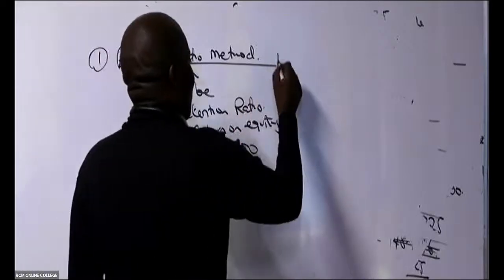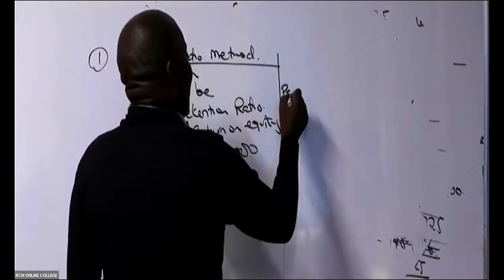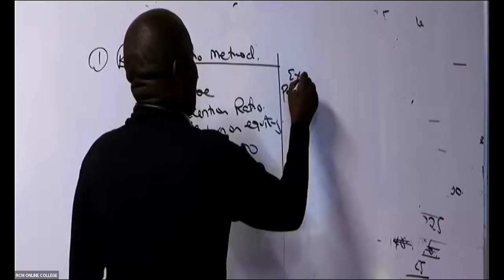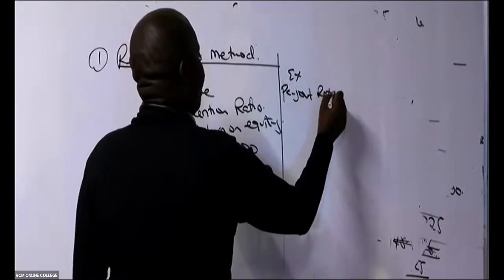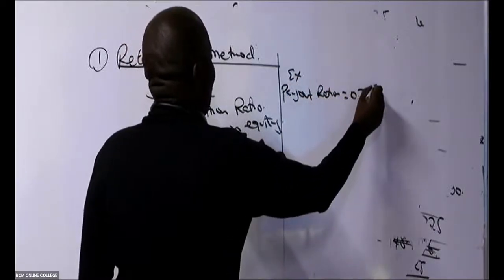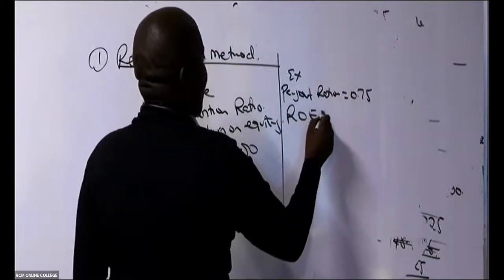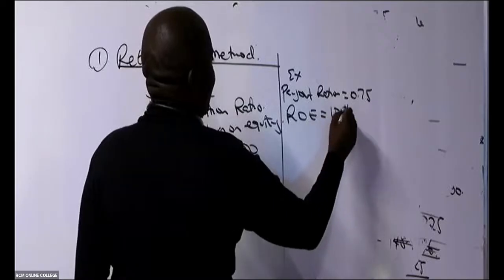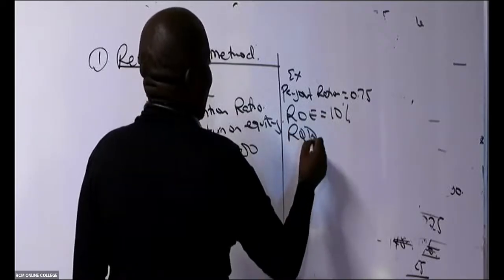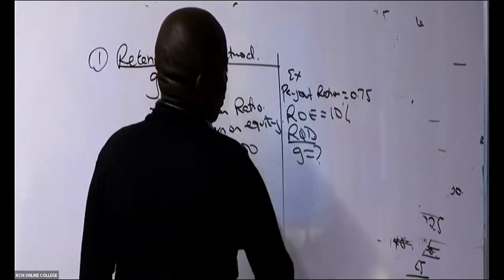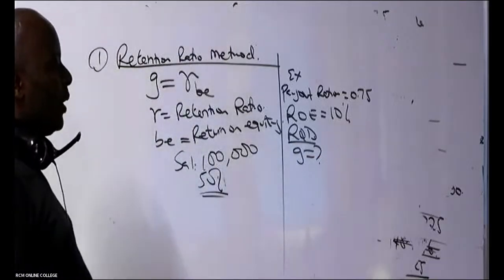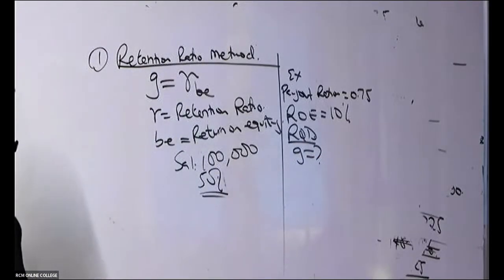Normally they'll tell you that the payout ratio is 0.75 and the return on equity is 10%. Required: give us G, the growth rate. Let me give you 1 minute. You try this out.